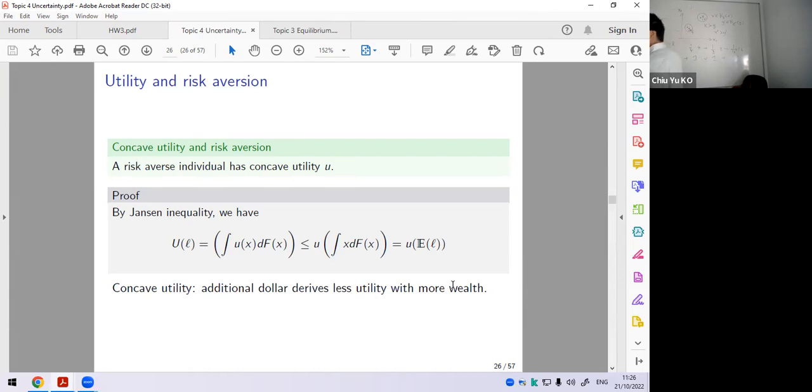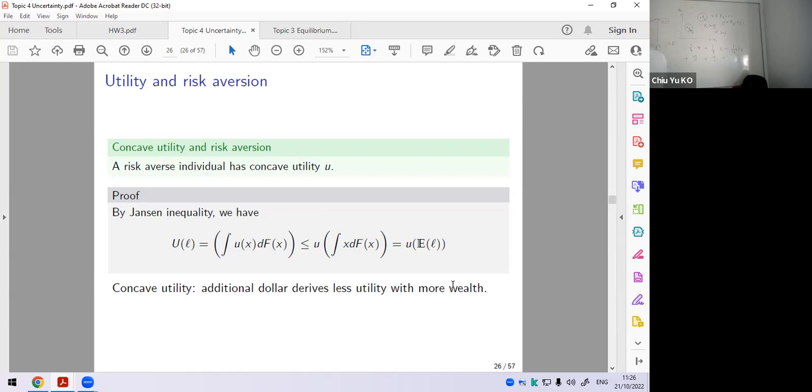Remember the number, and this is when they're concave. This is U of L prime, and this is U of the whole part. So the expected utility is just linear in these, but the utility of the expected value is much higher than this when utility is concave.